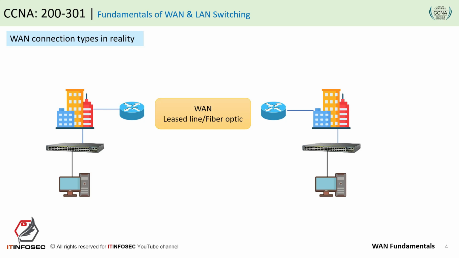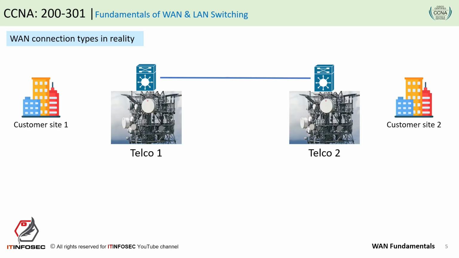If you want to communicate through a leased line, besides the physical protocol, it will need a layer 2 protocol. Layer 2 protocols may be HDLC and also PPP, or point-to-point protocol.